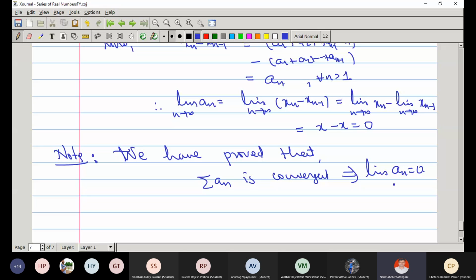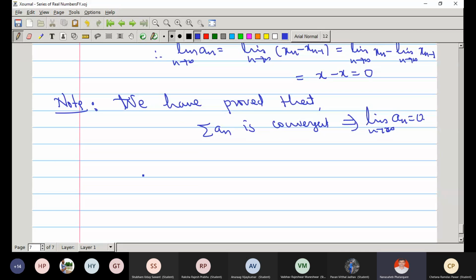This is what we have proved. What is the equivalent or contrapositive of this? This is my statement P, this is my statement Q. P implies Q is equivalent to negation of Q implies negation of P.